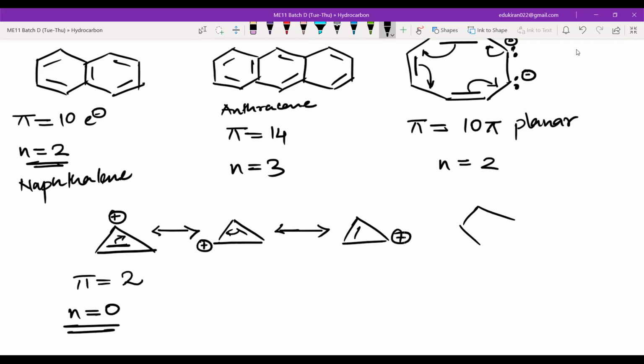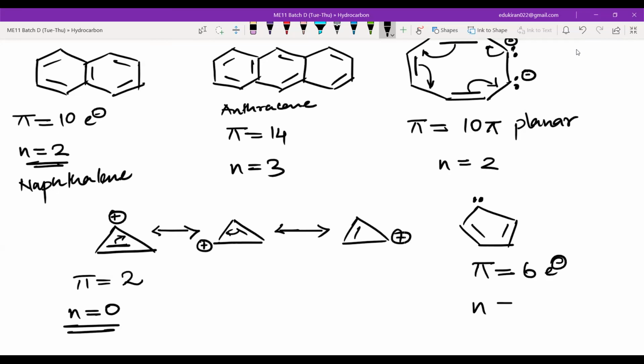Similarly, you can also have a cyclopentane type of structure, but here you have a negative charge. Now again, you can see that there can be complete delocalization, right? And these 2 electrons can take part in resonance. Now here the pi electrons: there are 2 bonds, that means 4 electrons, and 1 lone pair, that means again 6 electrons.